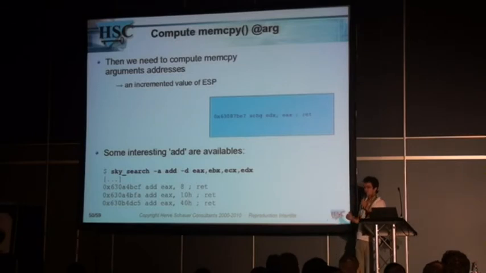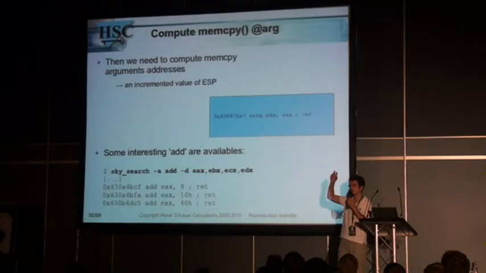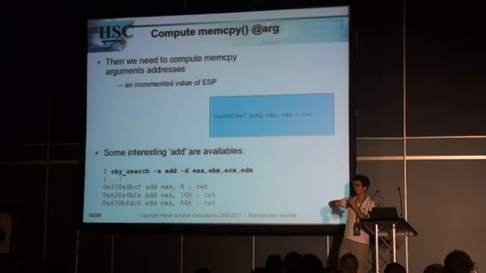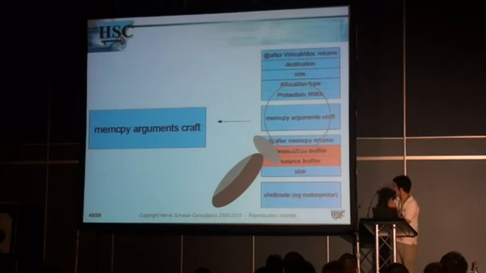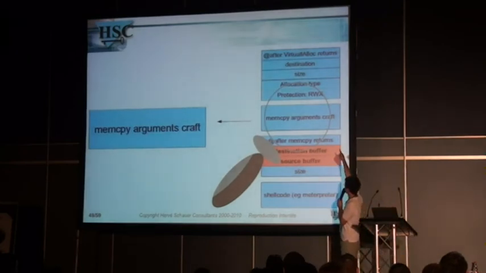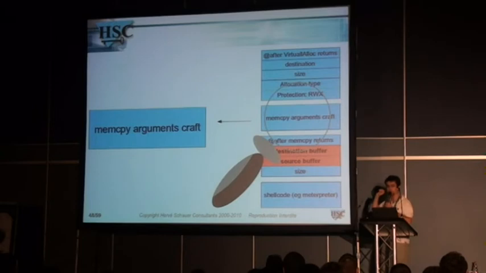What is the address of the shellcode? This is an incremented value of ESP. Okay, this is ESP minus all the ROP exploit we are building. If you recall, we are building this ROP chain, and the shellcode is here.